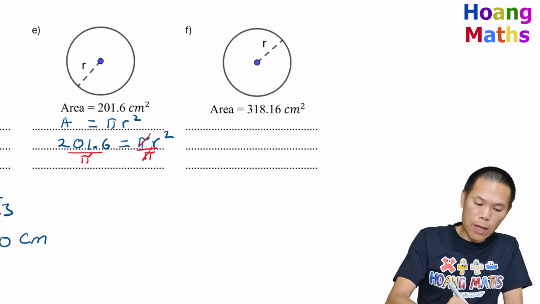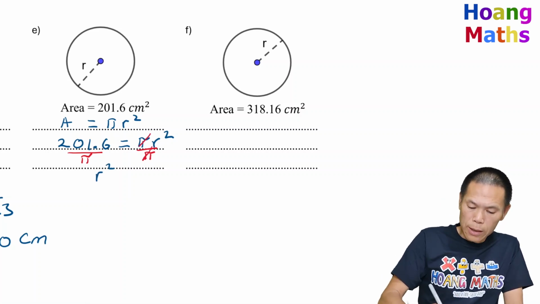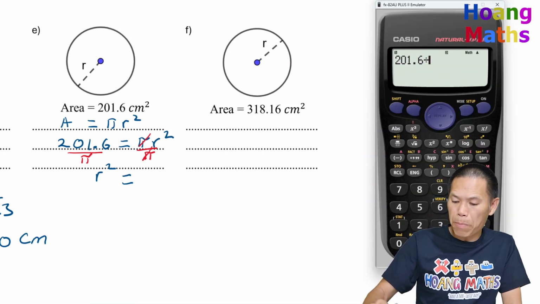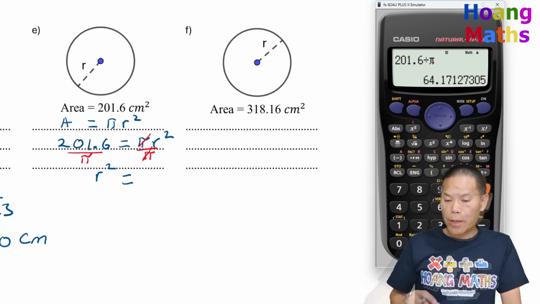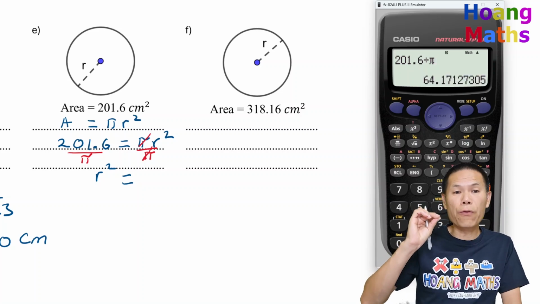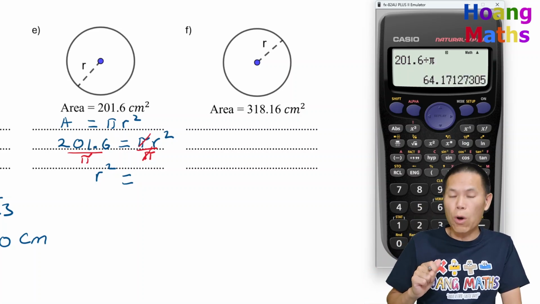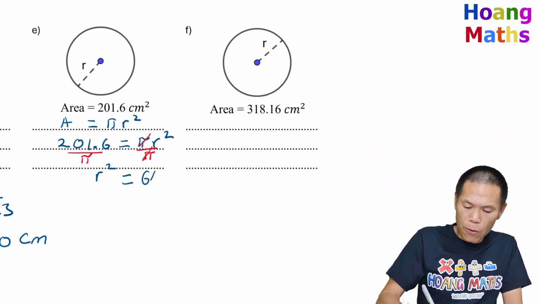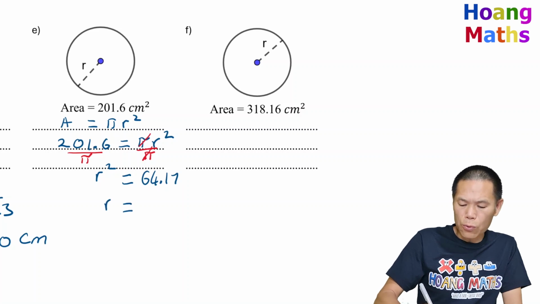So r squared is equal to 201.6 divided by pi. There you go, 64.17 and so on. Let me just write this down first, okay? 64.17. So r equals the square root of that.